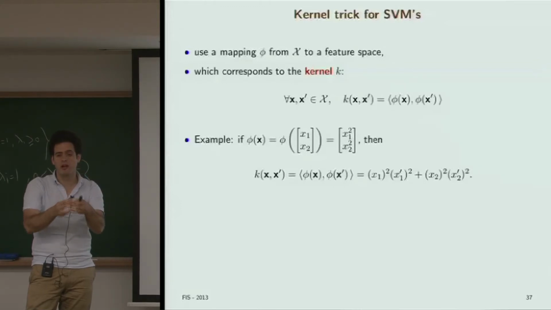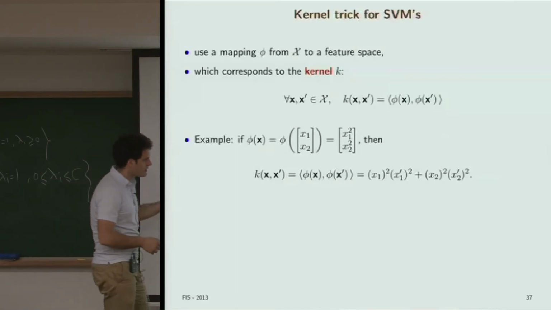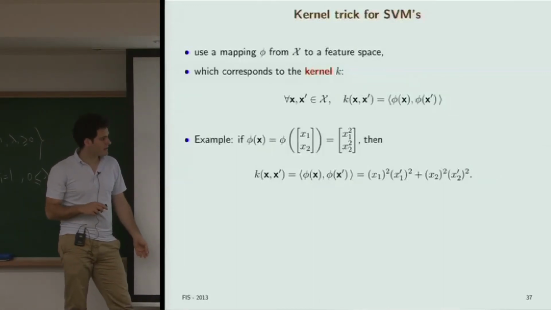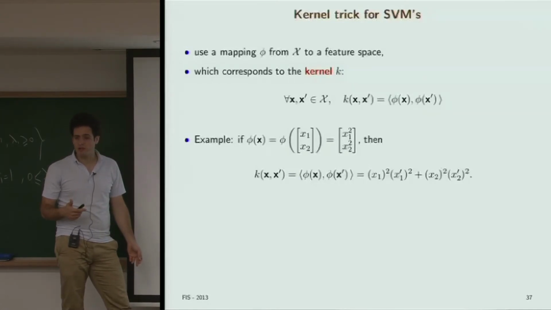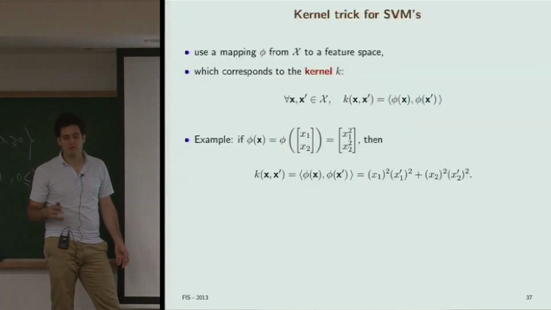I get a number, and that's going to be a kernel between those two strings. So it seems very simple, but this is a very powerful tool. It basically says that even if X is not a dot product space, even if it's not in R^n, as long as you can find a mapping from X to a feature space, to some Hilbert space, some dot product space, then you can define a function of x and x prime which is just this dot product.